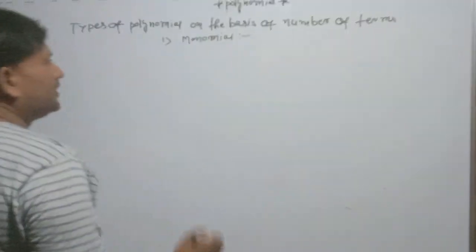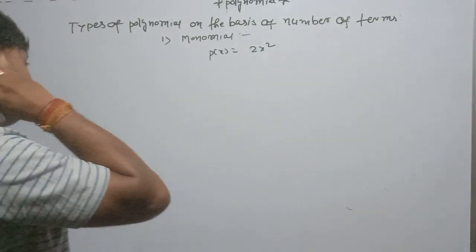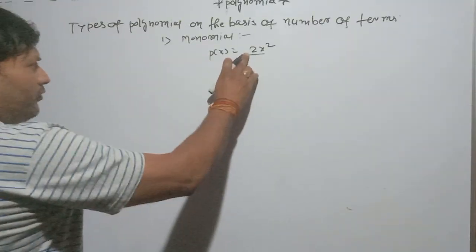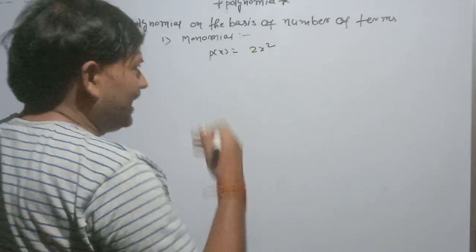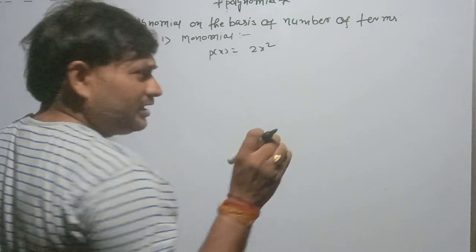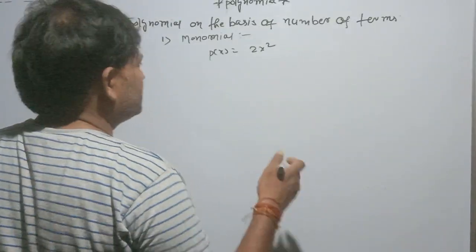See here, if p(x) = 2x², we see that there is only one term. So you can define it like this. You only have to understand the concept and define it in your own language; no need to write in book language.